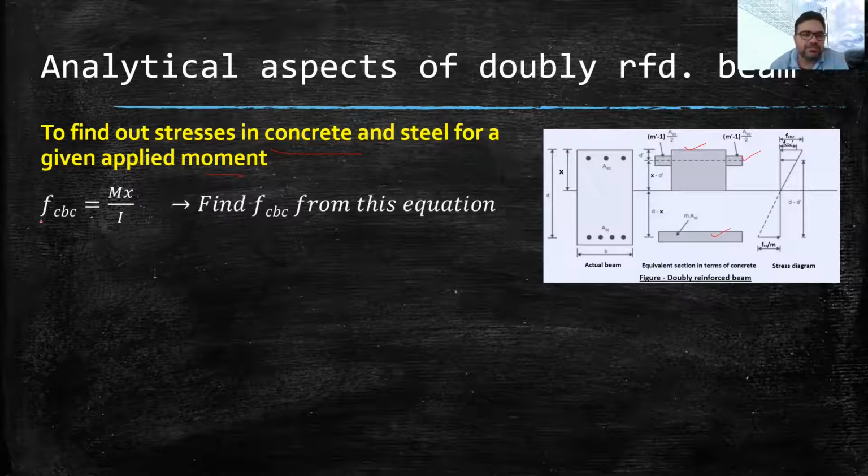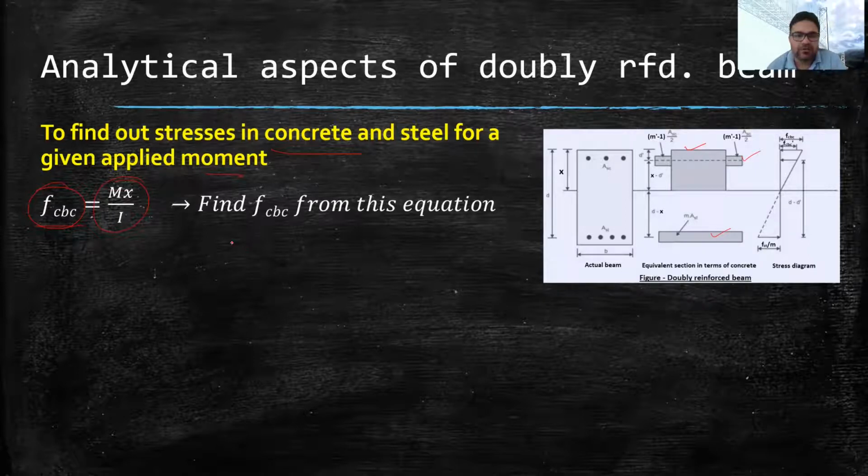FCBC, we know, is the actual flexural compression stress in concrete. This is basically the stress and it can be calculated by using this formula. This formula is actually taken from the bending equation.